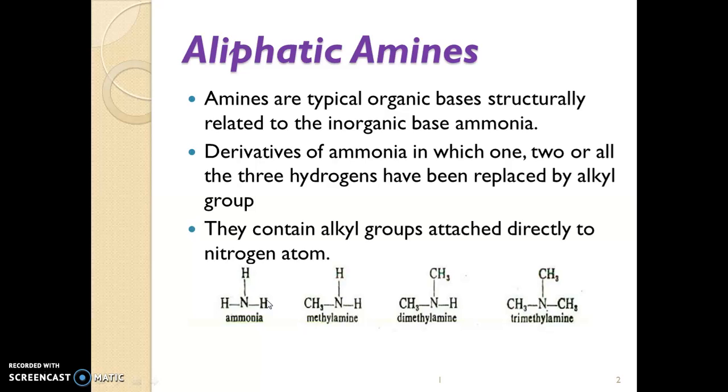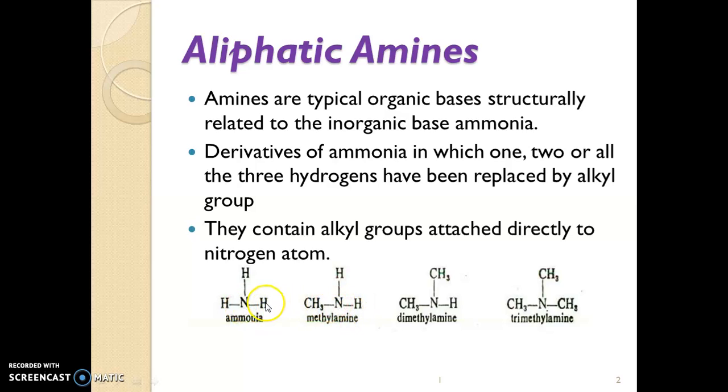Now, amines are derivatives of ammonia in which 1, 2 or all 3 hydrogens have been replaced by alkyl groups. And remember, these alkyl groups are directly attached to the nitrogen atom.